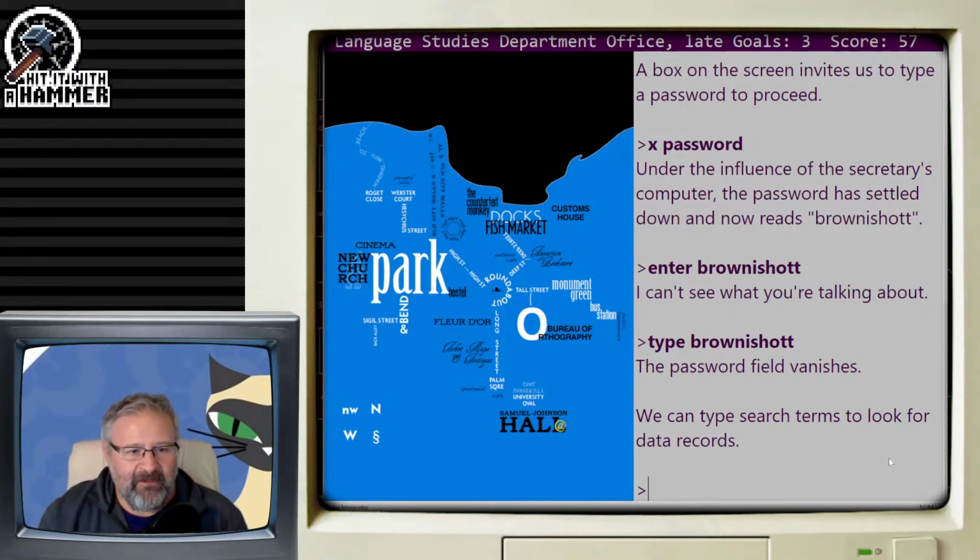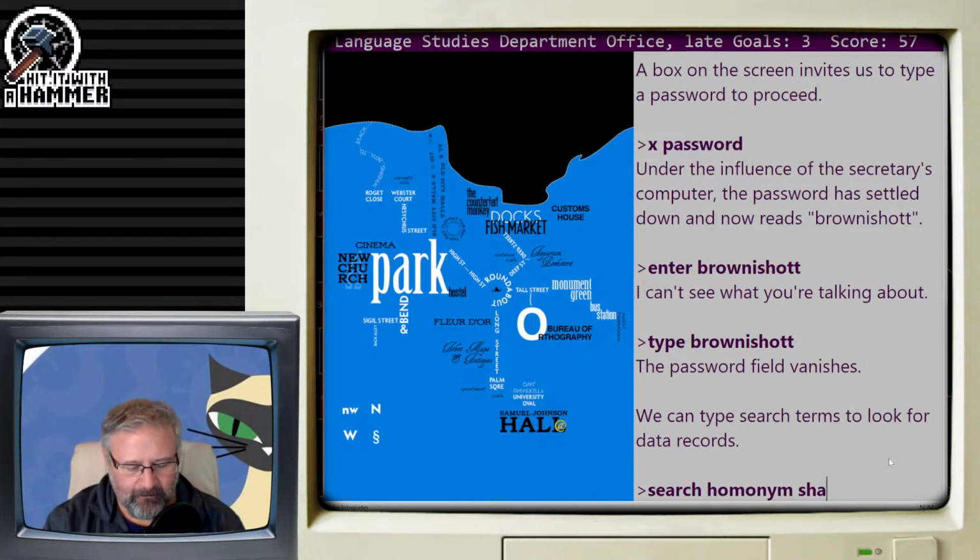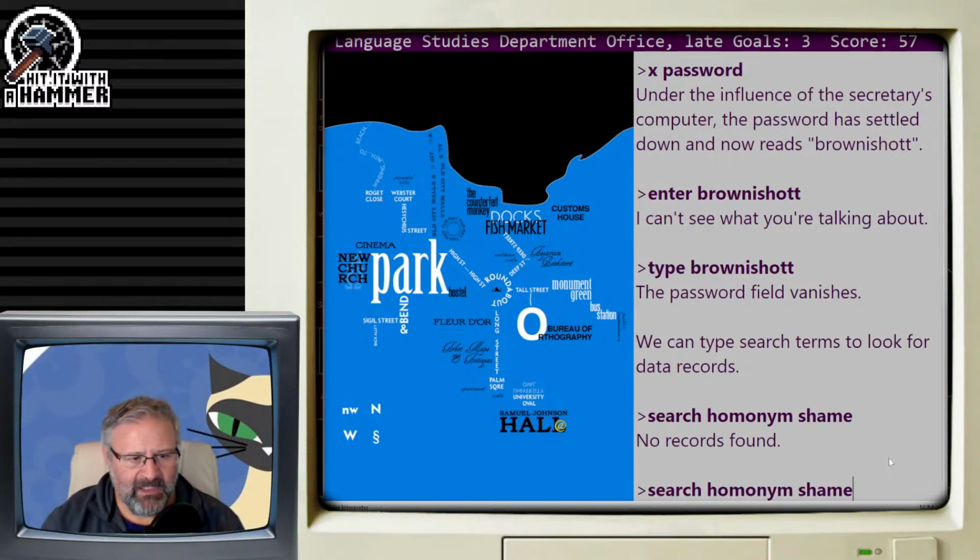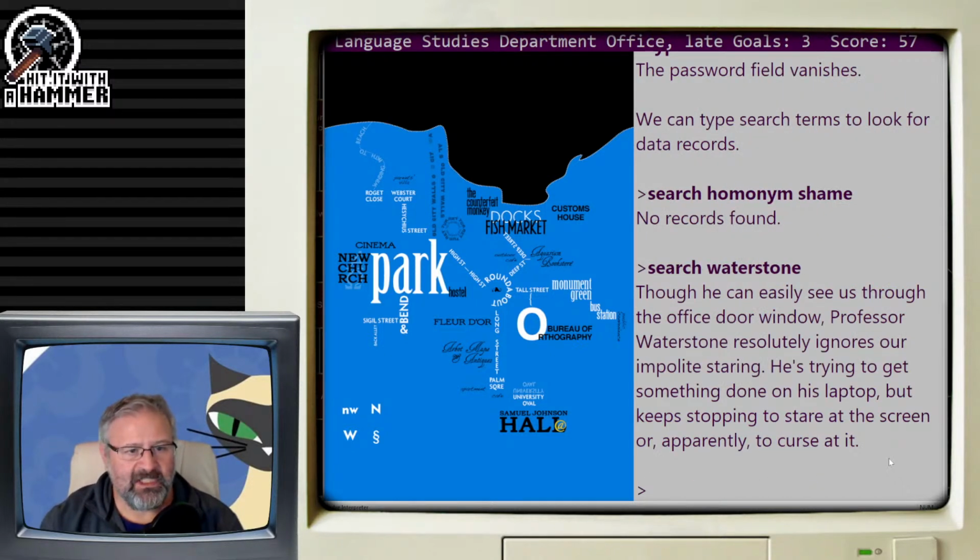The password field vanishes. We can type search terms to look for data records. What are we searching for? Search Waterstone.